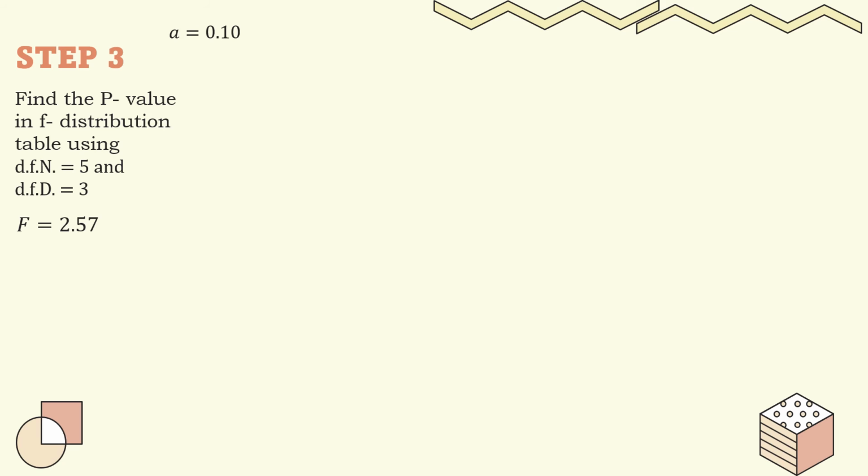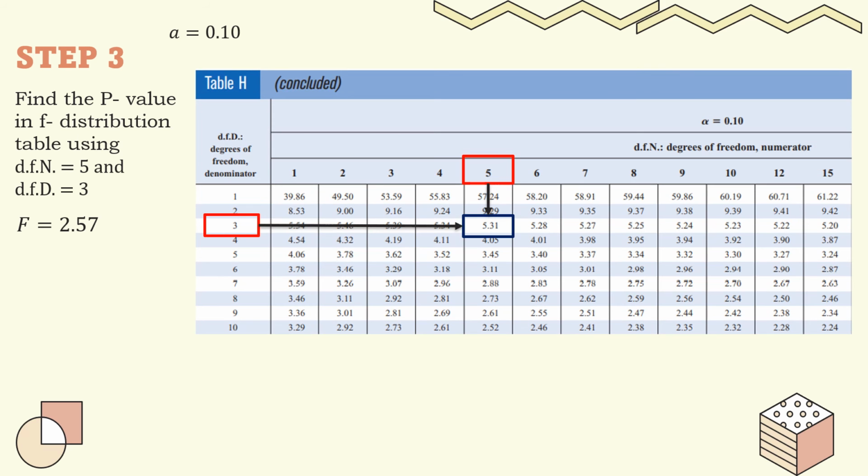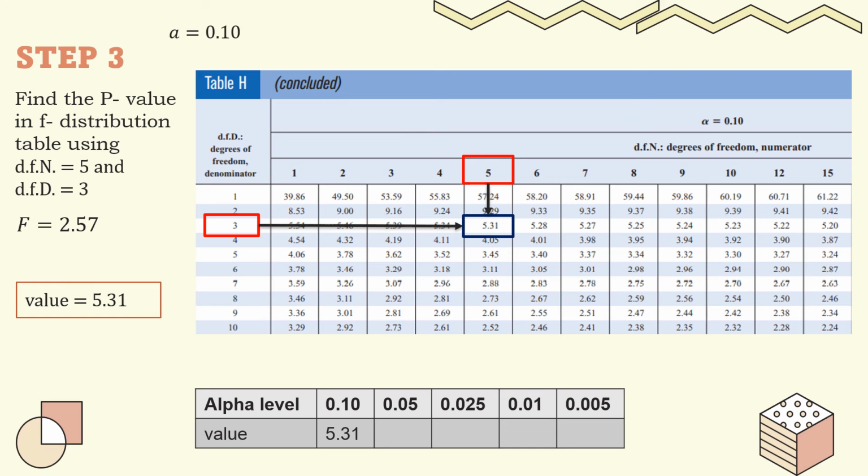So first, we locate our degrees of freedom numerator and denominator at alpha 0.10 in table H. Our value at alpha 0.10 is 5.31.